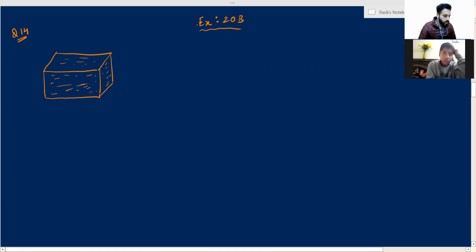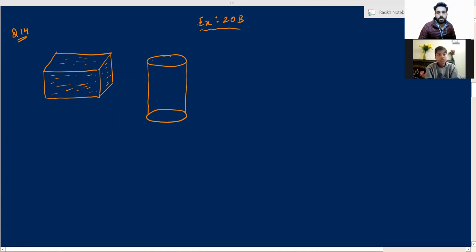If the total water is poured into an empty cylindrical vessel, now there is a cylindrical vessel, empty. So this is the cylindrical vessel, suppose. This water is to be poured into this cylindrical vessel.